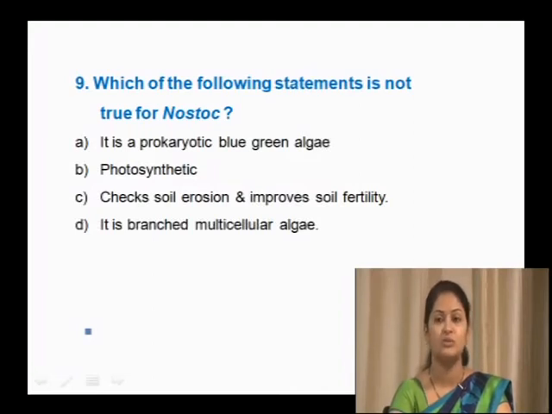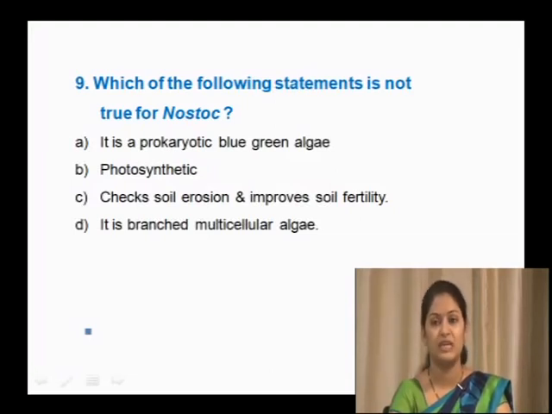That is also true because the mucilaginous sheath of nostoc will hold the soil particles together, thereby it avoids soil erosion. And of course, it improves the soil fertility also because it contains a specific cell called heterocyst, which with the help of an enzyme called nitrogenase will fix atmospheric nitrogen.